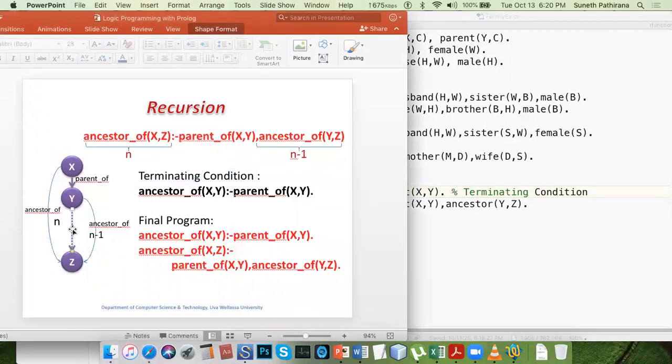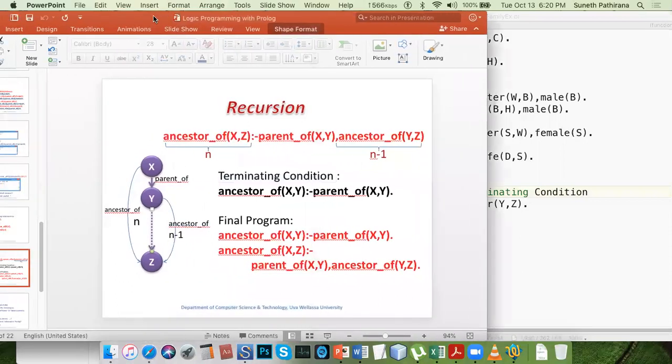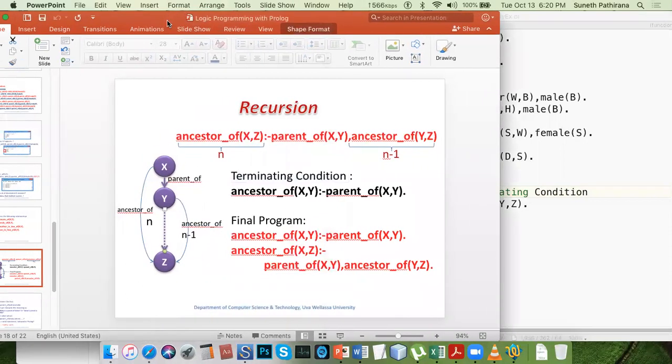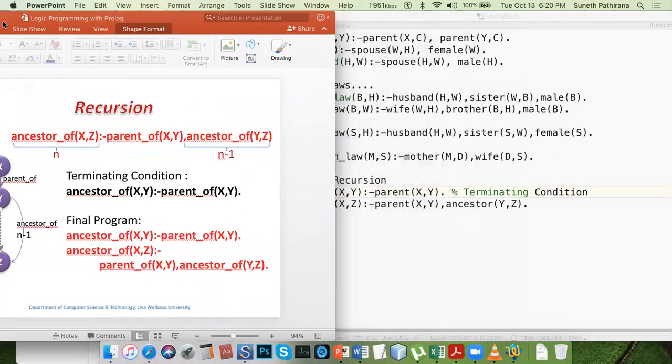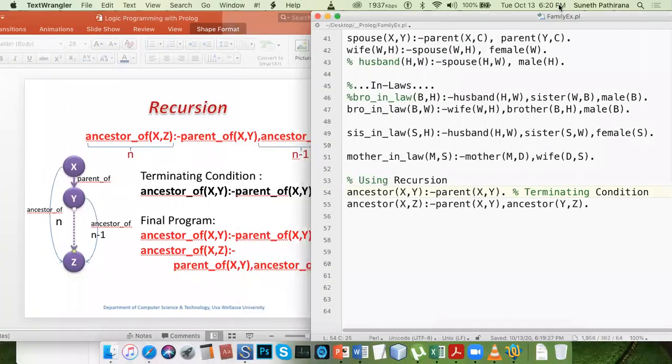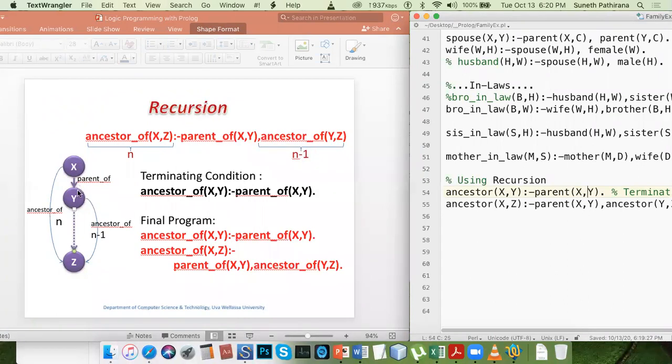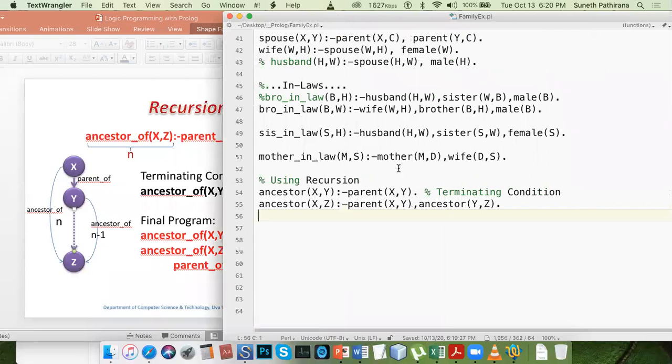Sorry, I mistook that: there will be no intermediate generations between X and Y. So if so, we have to terminate, otherwise we have to seek deeper levels.